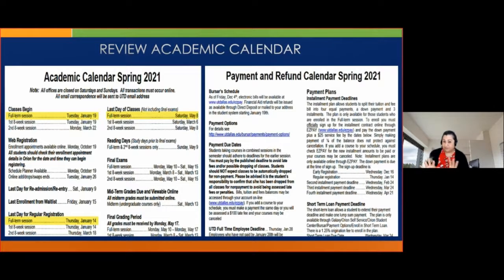Now, it does not display the complete calendar, so make sure that you go on the UTD page and get a copy. Go ahead and print it out. Add these dates to your own personal calendar on your phone, and maybe even set some reminders for yourself ahead of these deadlines so that they don't get past you. Everything about registration revolves around the academic calendar, so it's very important that you have a copy and that you are aware of the deadlines that are coming up.